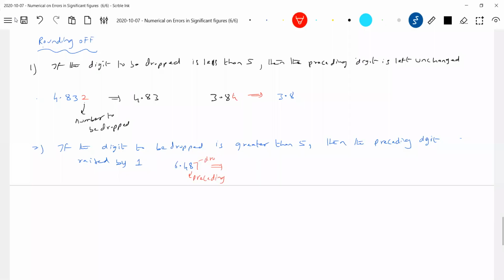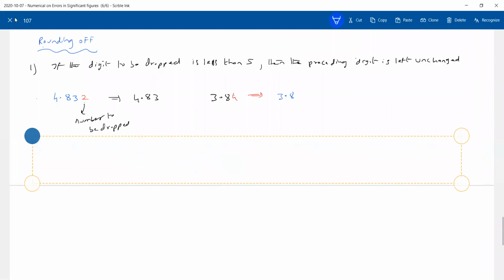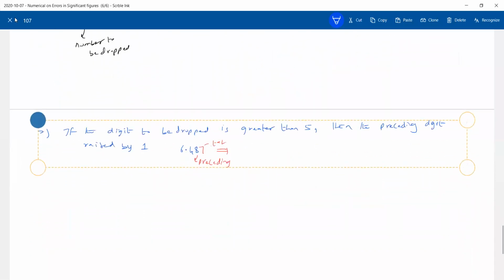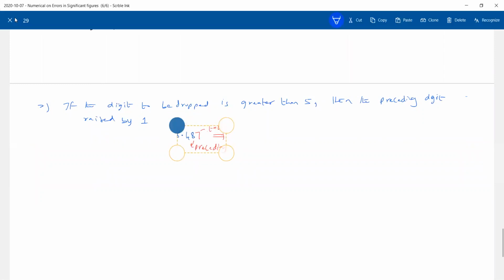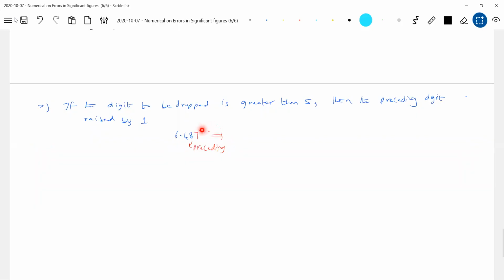This is to be dropped, and this is the preceding one. I'll shift down so we have enough space to scribble. So what shall I do now? The number to be dropped is more than 5, so the preceding should be raised by 1.